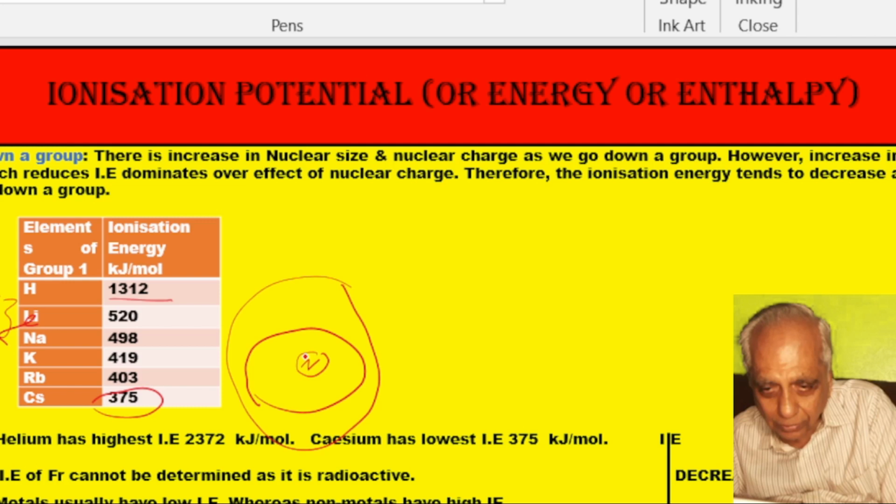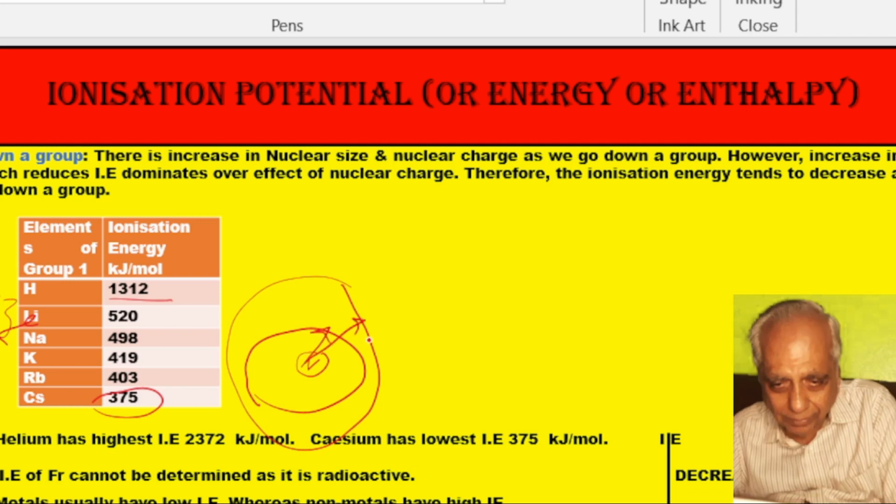As we move down the group, my size is increasing, that is dominating, so my ionization energy is decreasing. That's what I have shown here. Ionization energy decreases down the group. This you should learn. Ionization energy increases across a period.